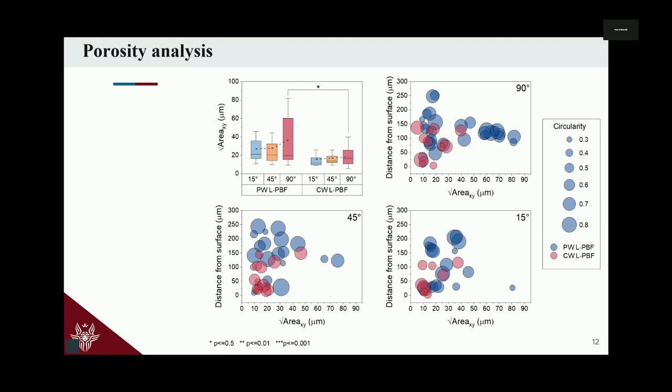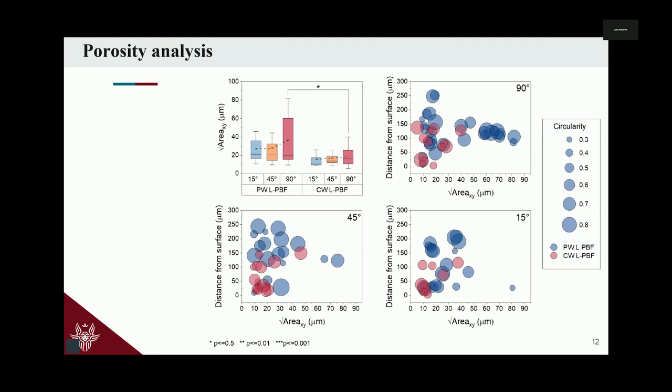And what we've seen is that in the case of 15 and 45 degrees, we more or less have an equivalence. While in the case of 90 degrees, it's clearly visible that there is a higher concentration of pores between the contour and the edge of the component for the case of pulsed wave laser powder bed fusion, which are the ones that are reporting the better fatigue resistance in comparison with the continuous wave.